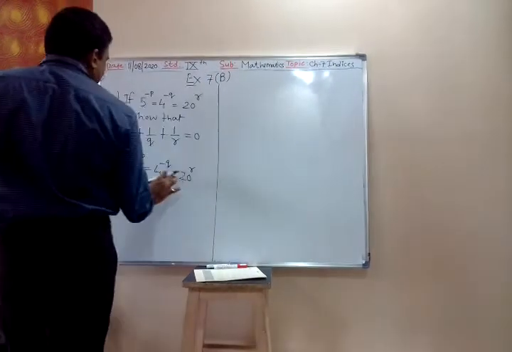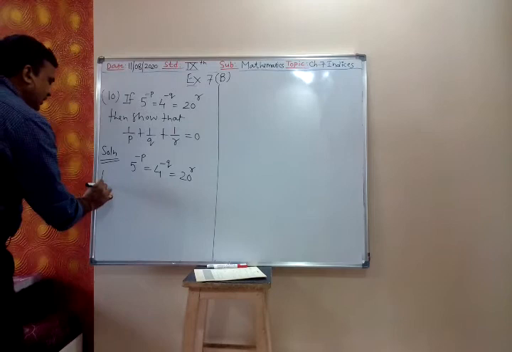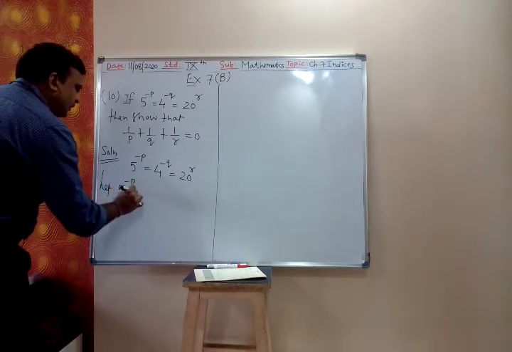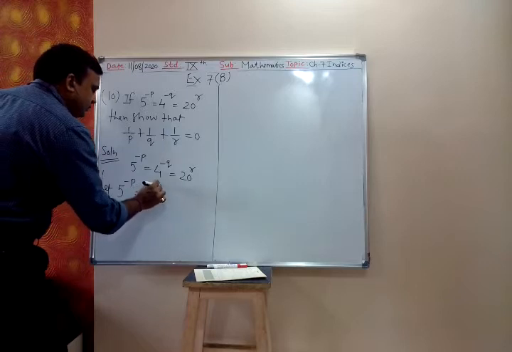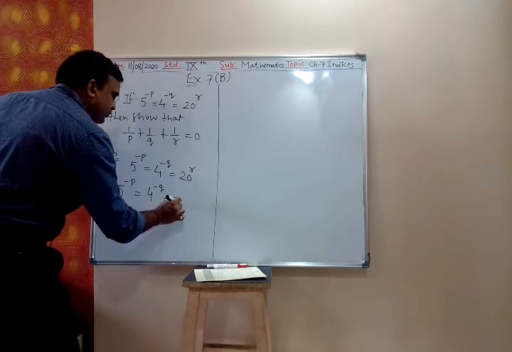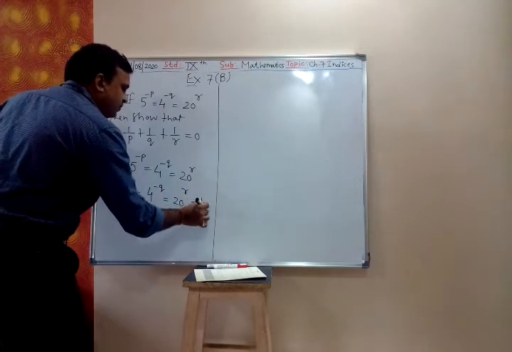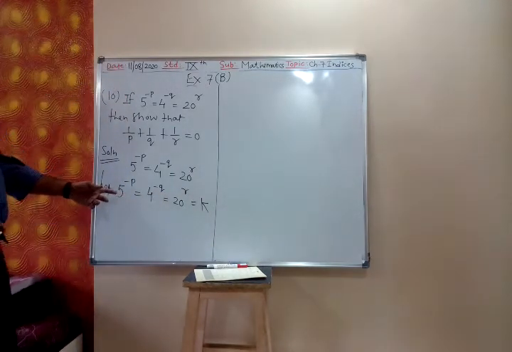5 raised to minus p is equal to 4 raised to minus q is equal to 20 raised to r. All three are equal. That means they all have a common number. So let 5 raised to minus p is equal to 4 raised to minus q is equal to 20 raised to r is equal to some number we take as k. Common number as k.